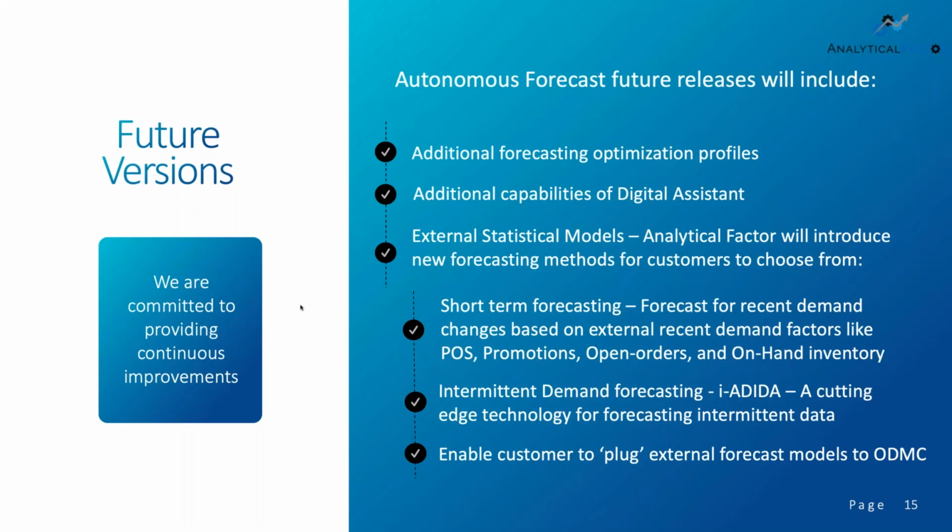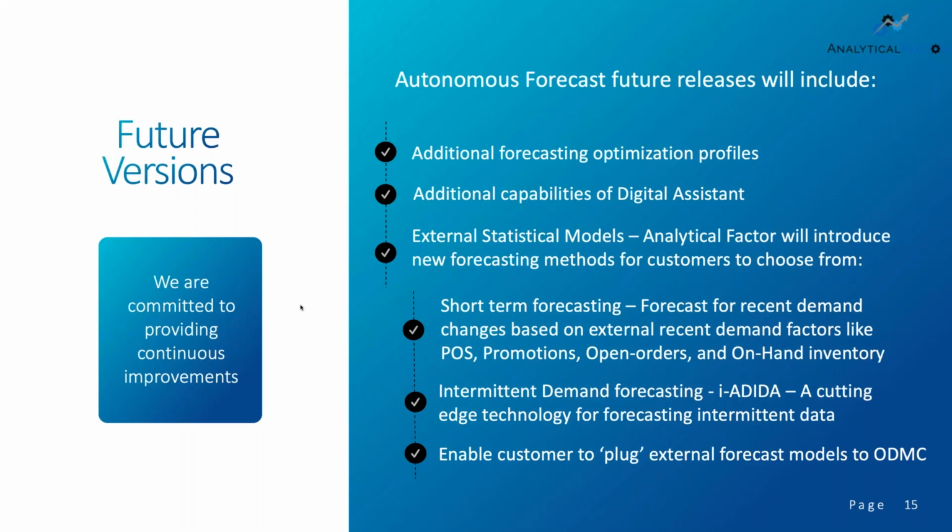Two models that we know we're going to bring into the solution are, first, short-term forecasting. We're going to bring the capability to run short-term forecasting, which is very different from regression modeling. It's about trying to understand accurately what the forecast would be for the next 8 to 13 weeks, taking into consideration things like point of sale data, promotions, open orders, on hand, and other attributes like weather.